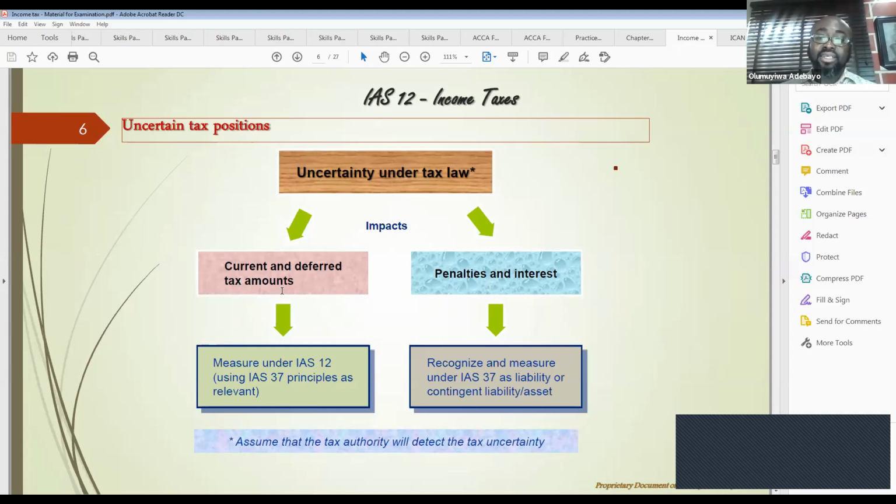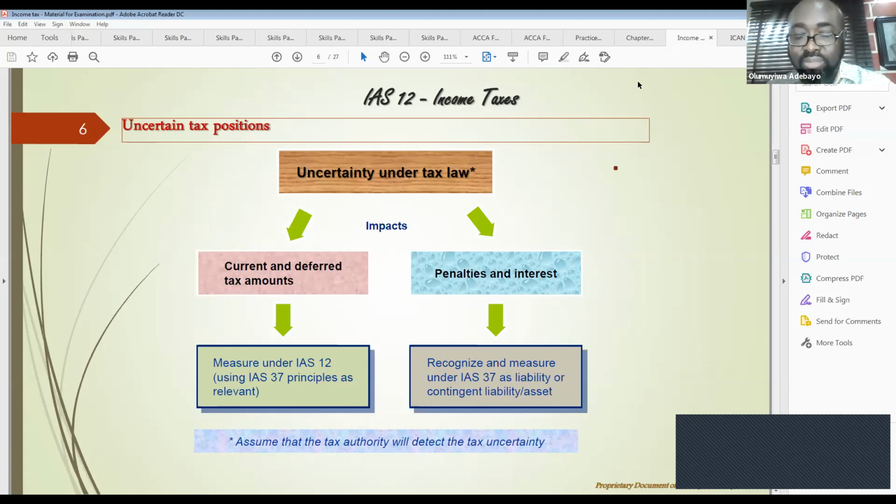Similarly, if your tax provision last year was in excess, this year you'll be given allowance to enjoy that reduction, such that the excess of last year will be used to reduce your tax of this year as if it occurred this year.